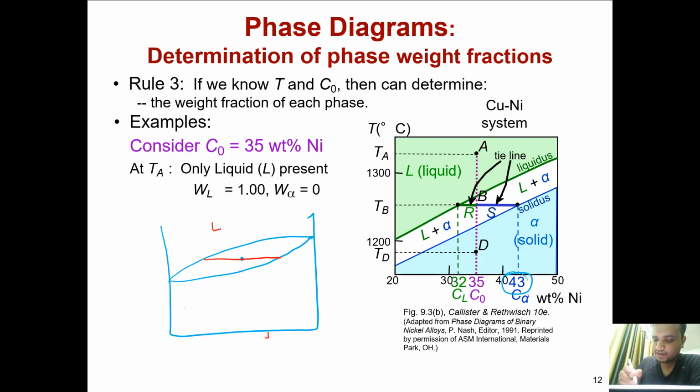This is liquid, this is your alpha, and this is liquid plus alpha. This is the initial composition of this alloy, that is C naught, this will be the composition of liquid, that is C_L, and this will be the composition of alpha, that is C alpha.